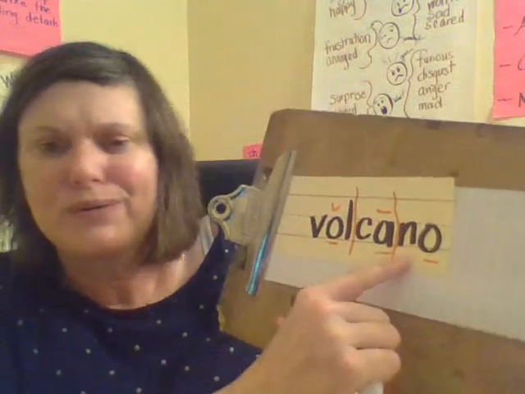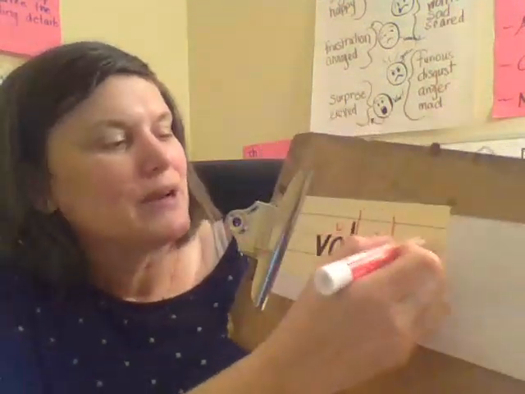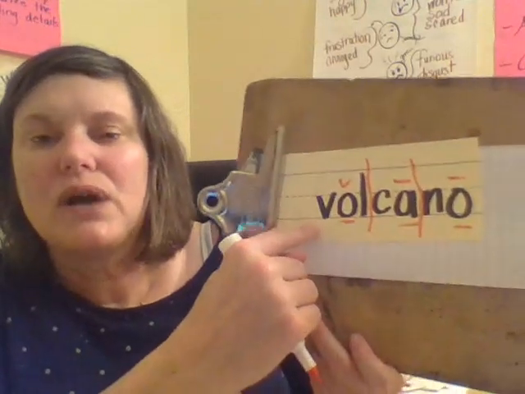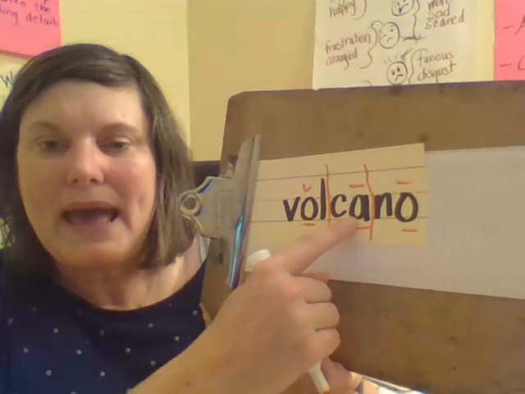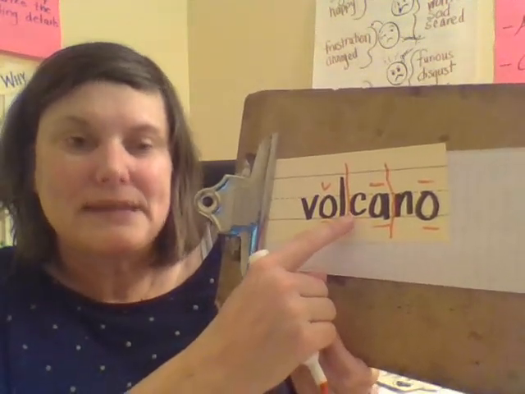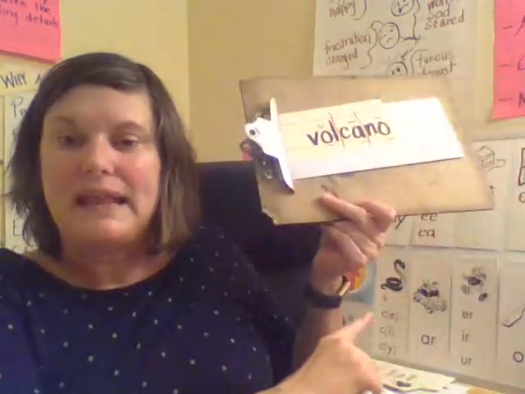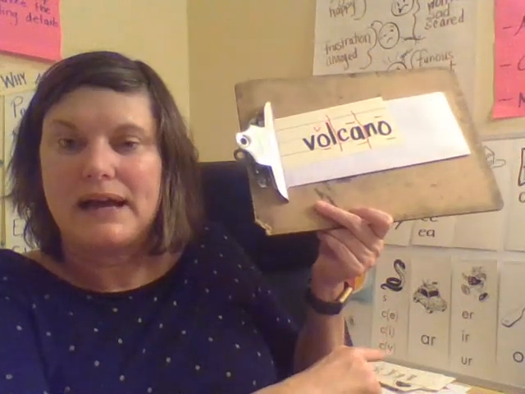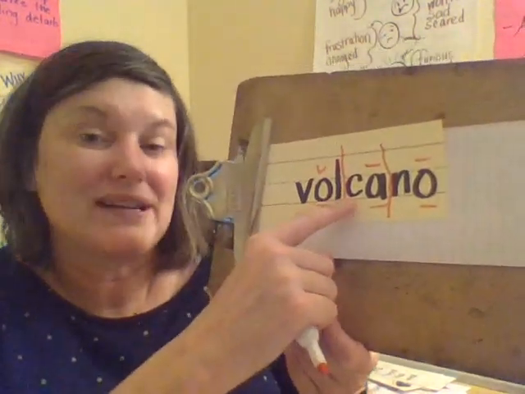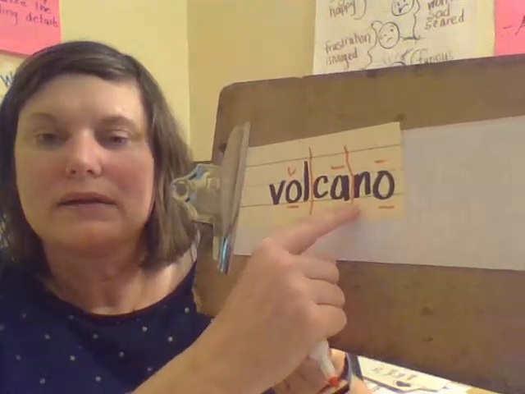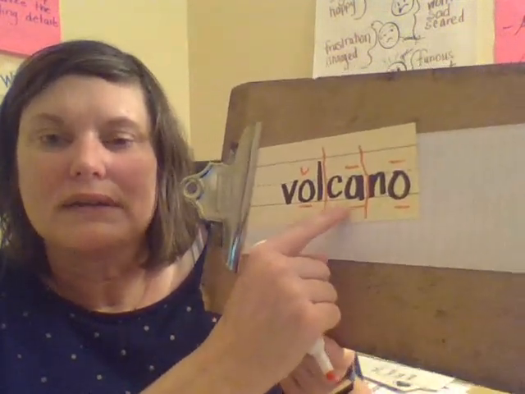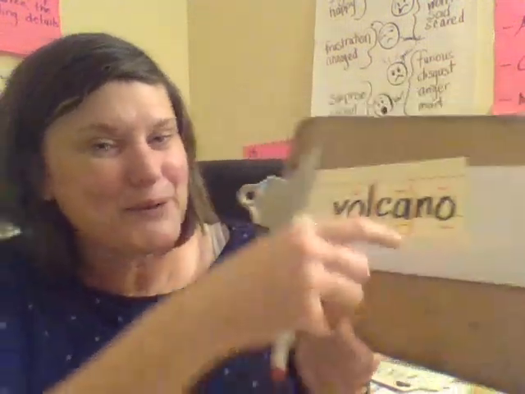And then we know the word no. So we know that's a long O. So vol, K, and we know C makes a K sound unless there's an E, I, or Y after it. So we know this is going to say K. Vol, K, no. Volcano. Good job.